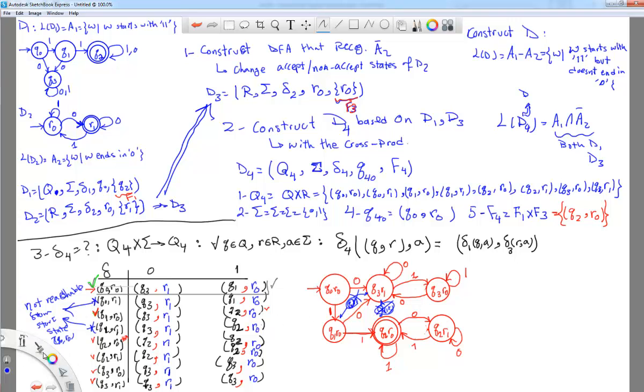So we can basically get rid of these states altogether, and also the state we can get rid of. So this will be my machine that recognizes the relative complements of A sub 1 or A sub 2, which is effectively the intersection of A sub 1 with the complement of A sub 2.